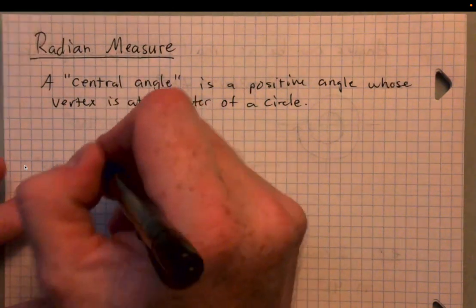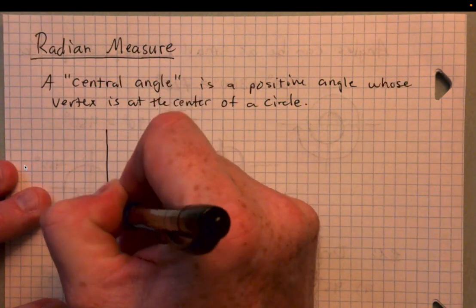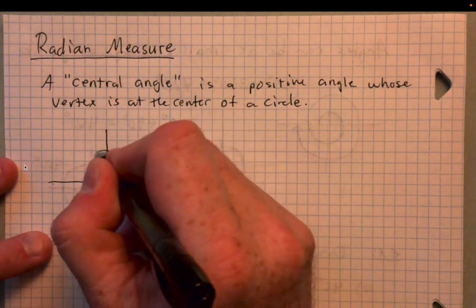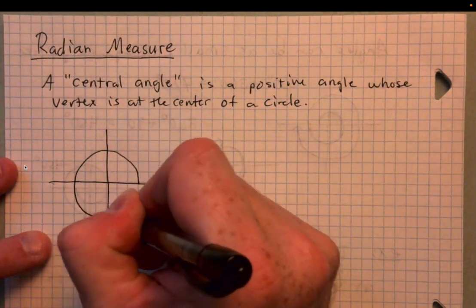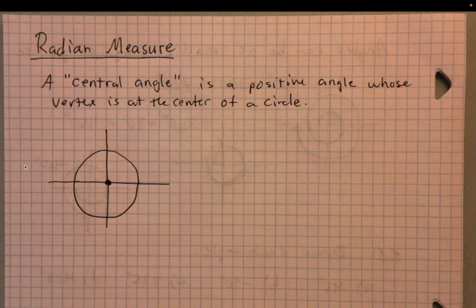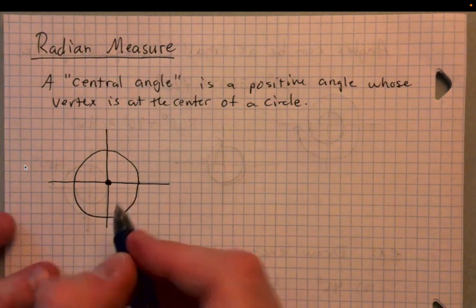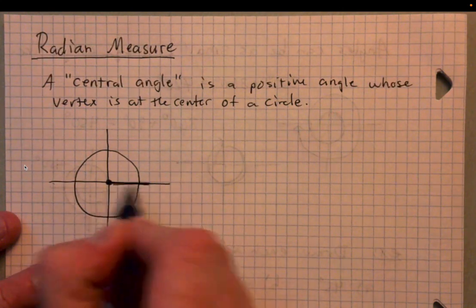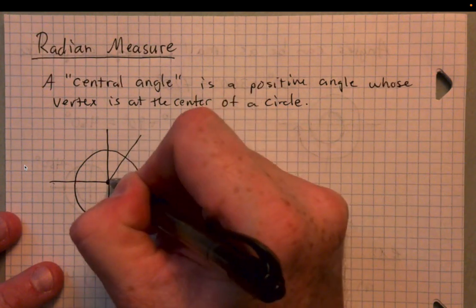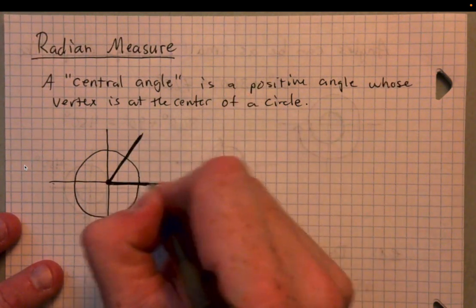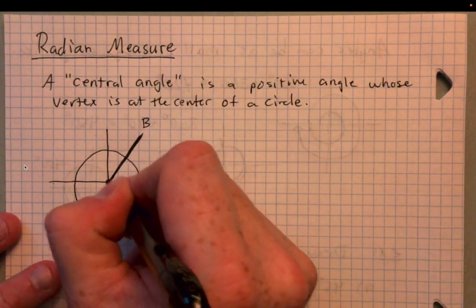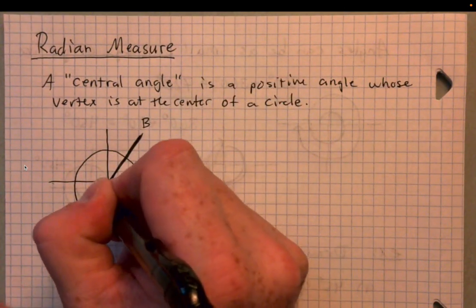And so let's get a picture going here, right? So let's say I've got my XY coordinates here, and let's try to draw a circle. Okay, and so my vertex is right in the middle. Let's say we're in standard position, so one of the rays is here, and then let's put the other one up here somewhere. We'll call this A, and we'll call that B, and the vertex we'll just call V in case you need to refer to it.